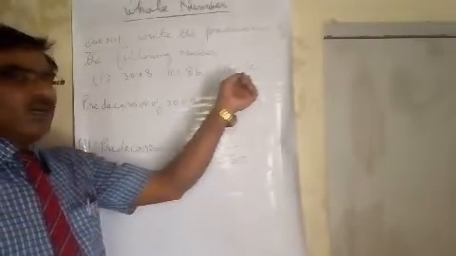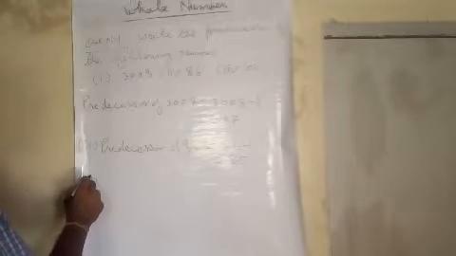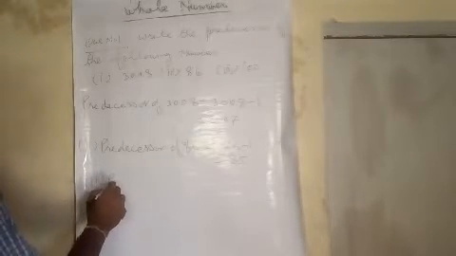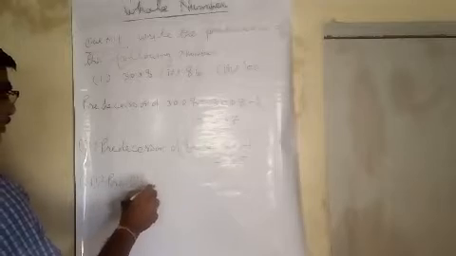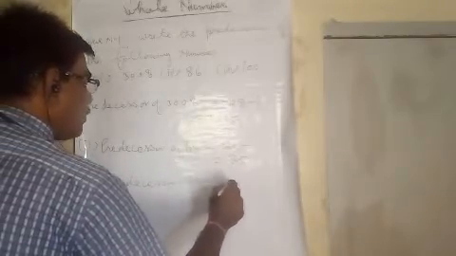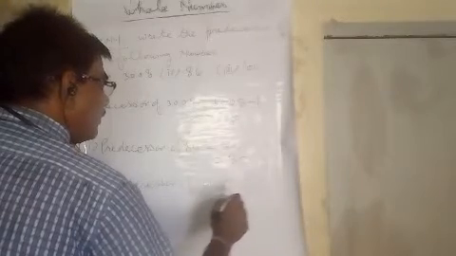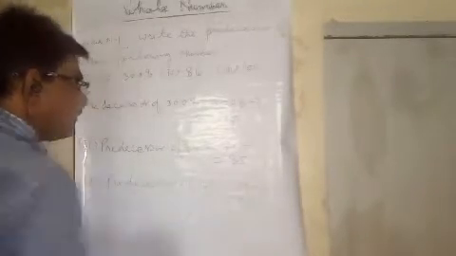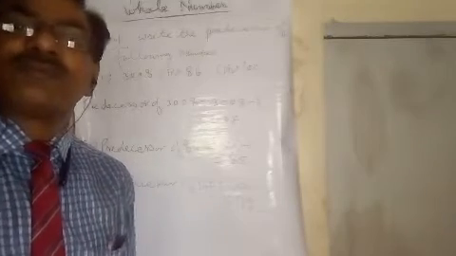Now, third is, find the predecessor of 100. Therefore, predecessor of 100 equals 100 minus 1 equals 99.